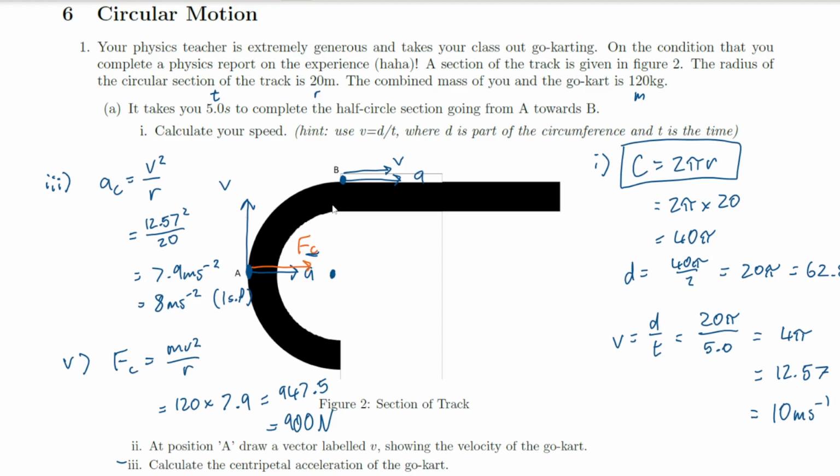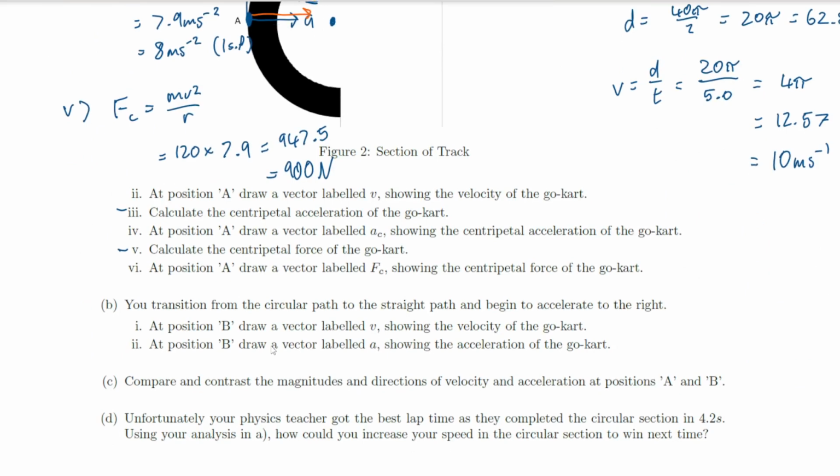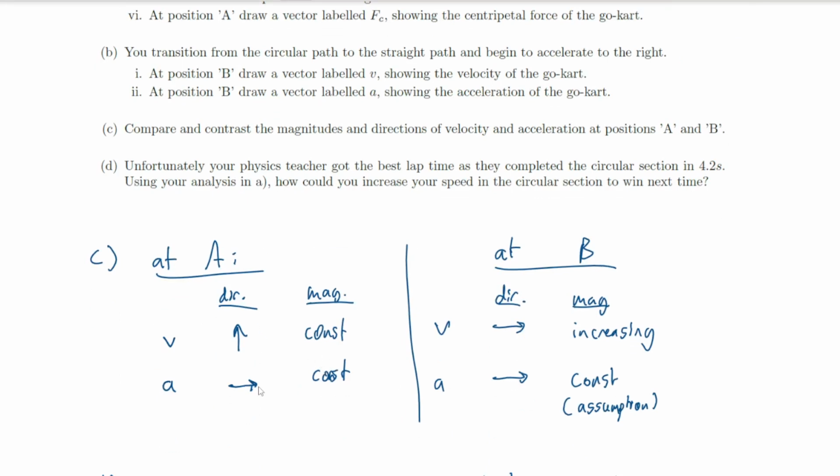We then also labeled clearly a vector diagram showing velocity, acceleration, and centripetal force, both in circular motion and in linear motion. We then compared velocity and acceleration at those two positions in terms of their direction and the magnitude, whether it was constant or changing, right? In this case, it was increasing for velocity.